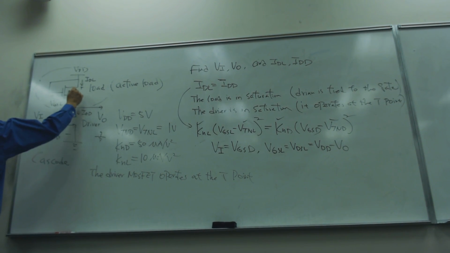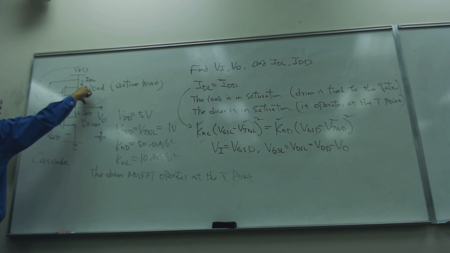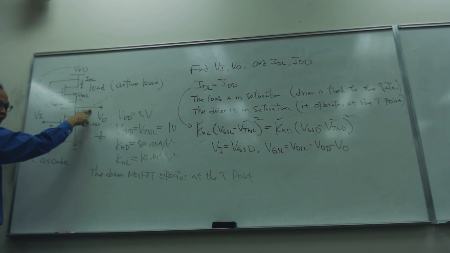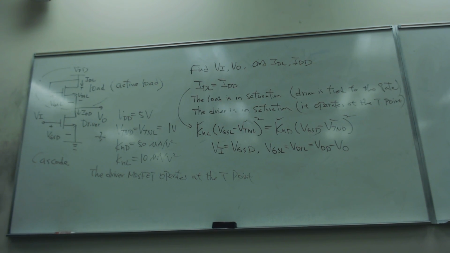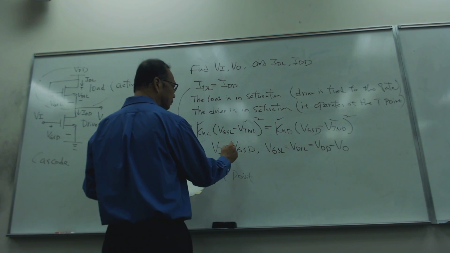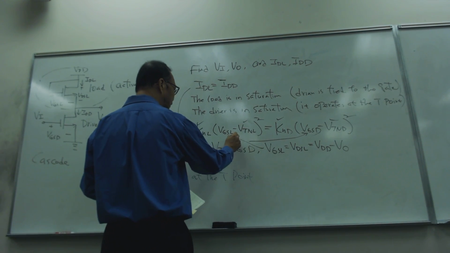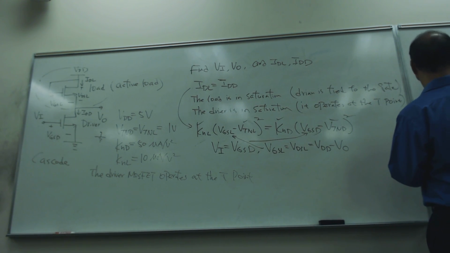So this is VDSL, right? VDSL is the same as VGSL because these two are connected. And that voltage is VDD minus VO, right? If you do the KVL, that is what you will find. So now I'm going to put this in here, and this in here, and this in here, right? So I will end now with the following equation.